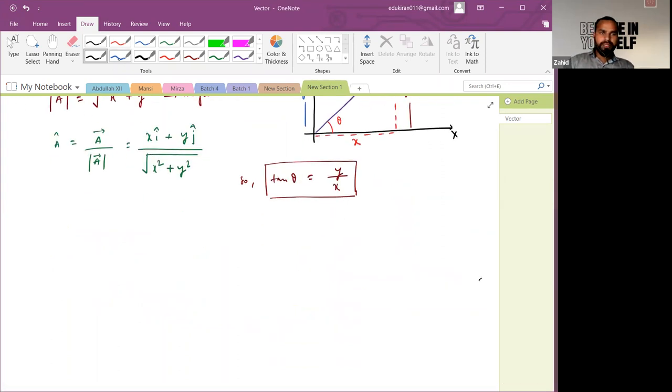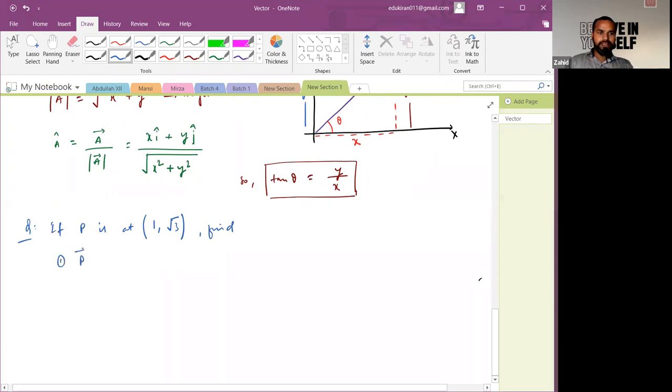I'm giving you one problem related to this. If P is at 1 comma root 3, find first the P vector, second the magnitude of it, third theta. Try to solve using the above concept.